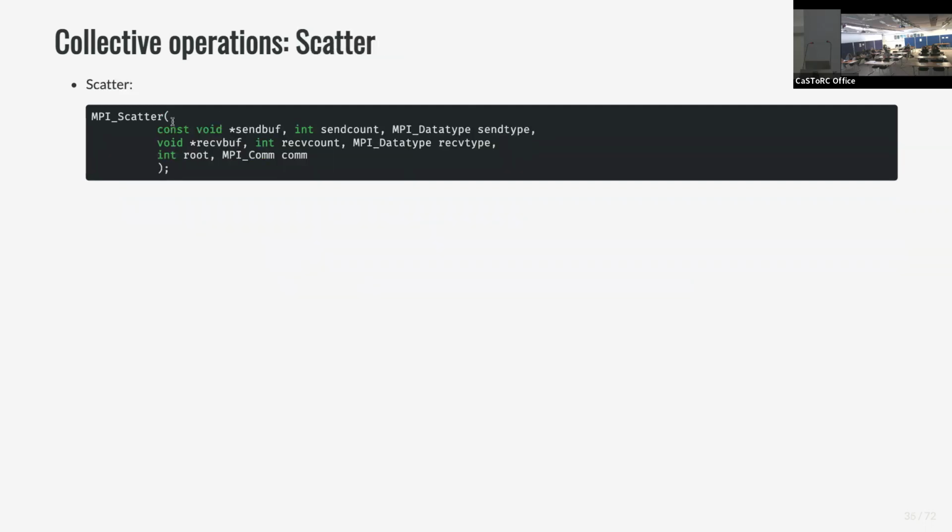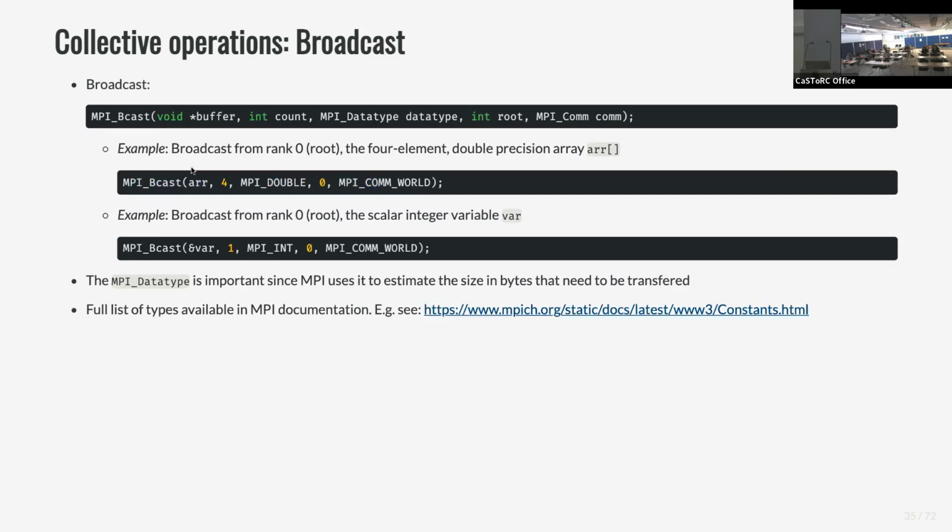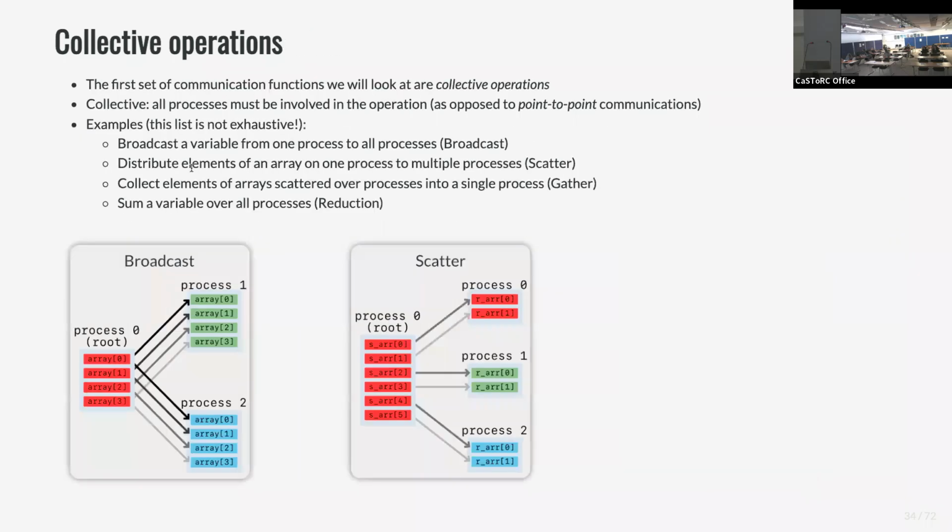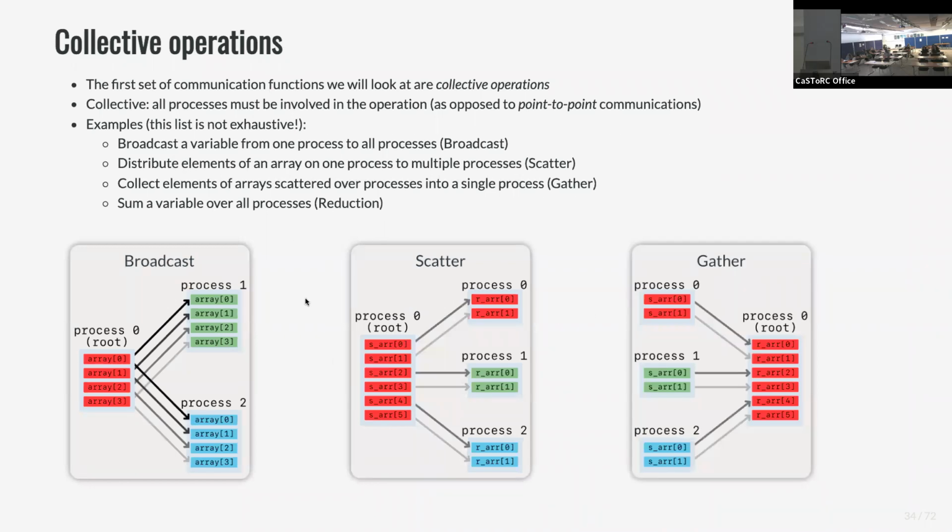Okay, these are the semantics of the scatter operation. Again, the scatter, I'll go back. So the scatter is this one here, where you're distributing the elements of an array to the other ranks that are participating.